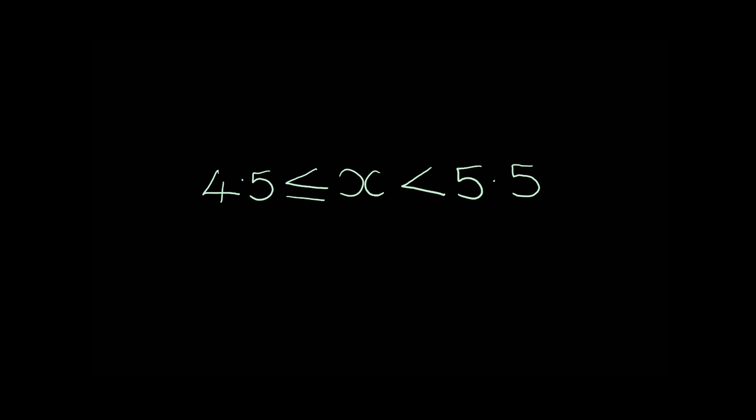So first of all, we're going to look at these signs to make sure that you know and understand what they are. So this sign here means that x is greater than or equal to 4.5.